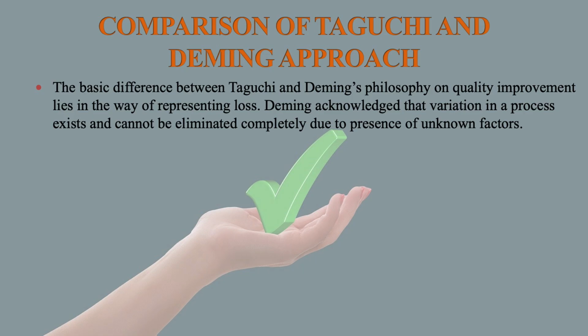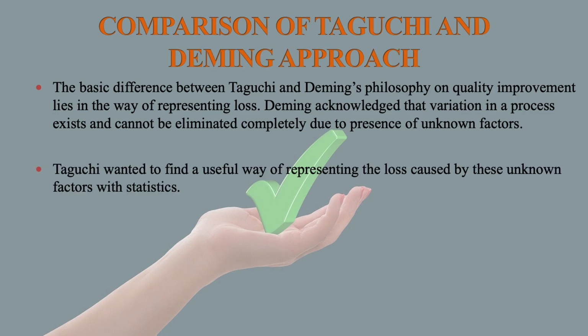The basic difference between Taguchi and Deming's philosophy on quality improvement lies in the way of representing loss. Deming acknowledged that variation in a process exists and cannot be eliminated completely due to the presence of unknown factors.